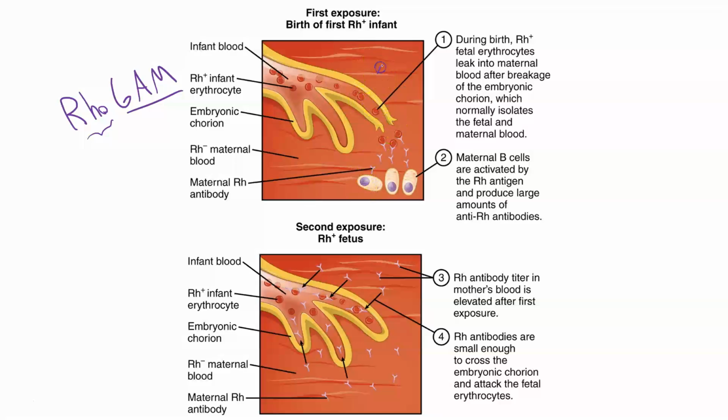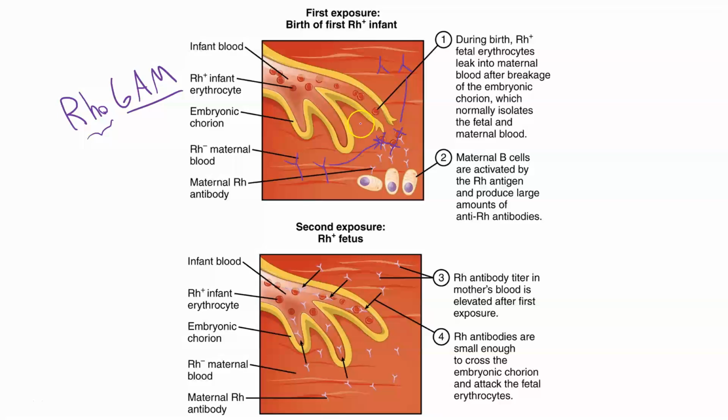So mom would have these synthetic antibodies on hand, able to grab onto these red blood cells and destroy them as soon as they enter mom's blood supply. Now you might ask, wait a second, how is this drug helpful? It's just destroying fetal red blood cells.